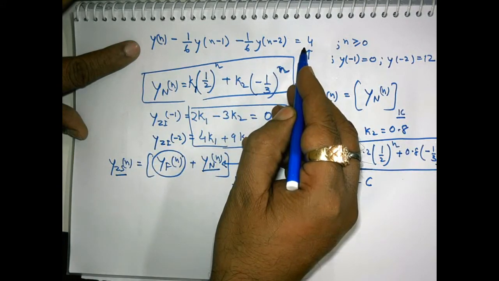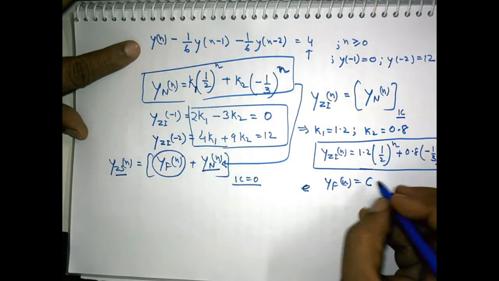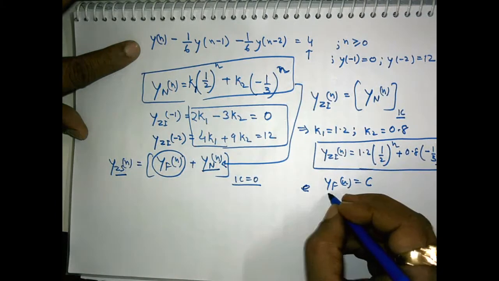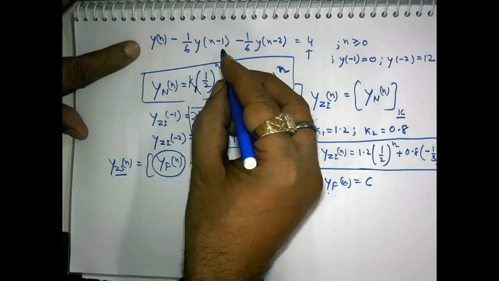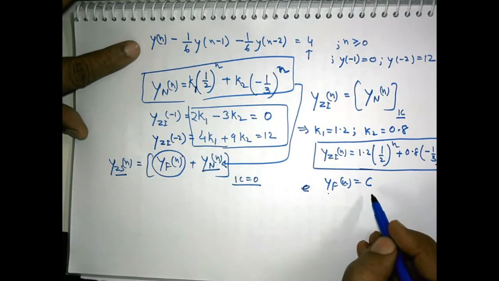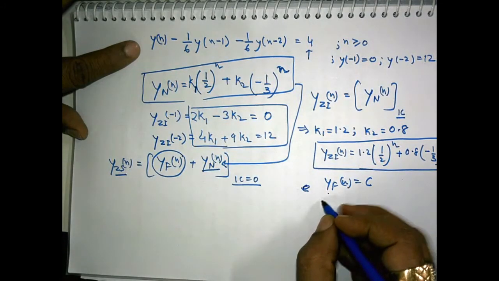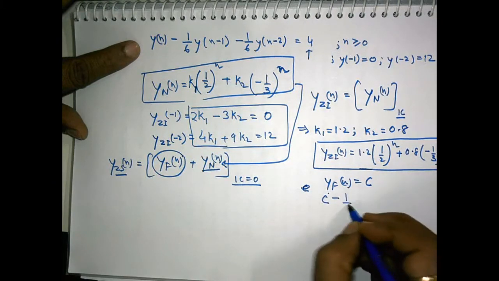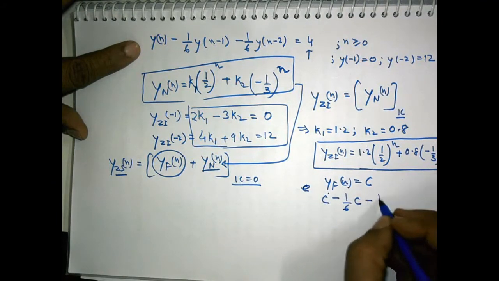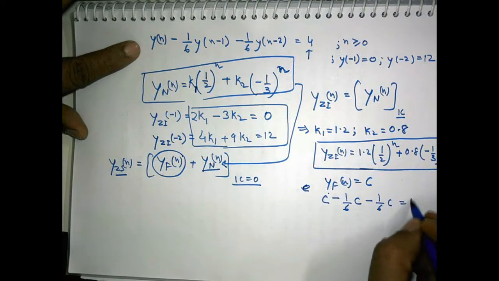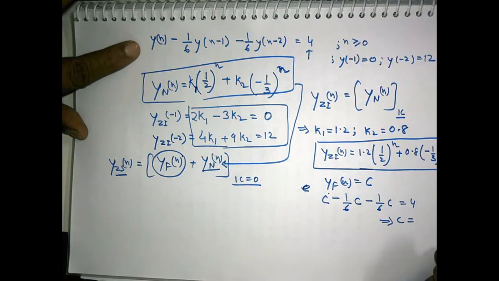So yfn is equal to C, and naturally yfn minus 1 is also C. So we obtain C minus 1 by 6 C minus 1 by 6 C equals to 4, and this will result into this constant C.